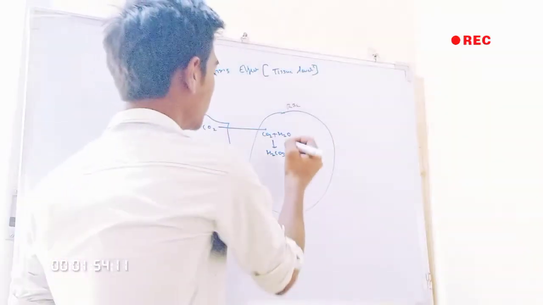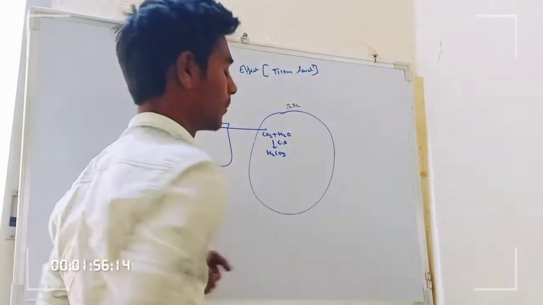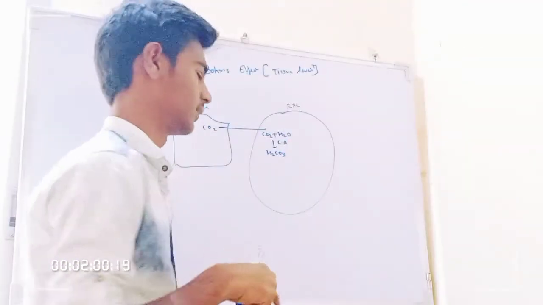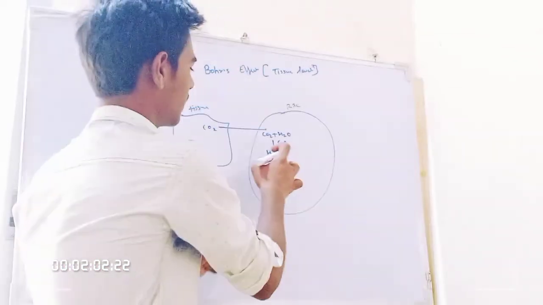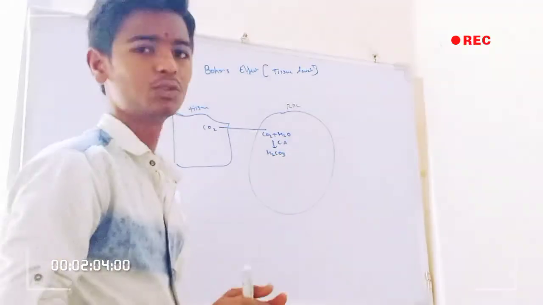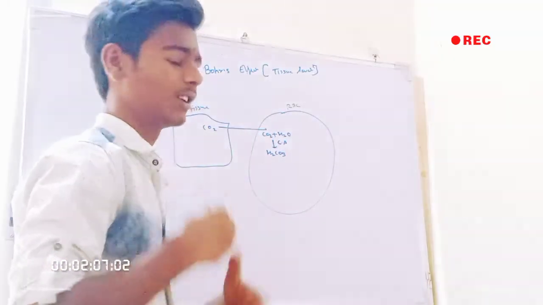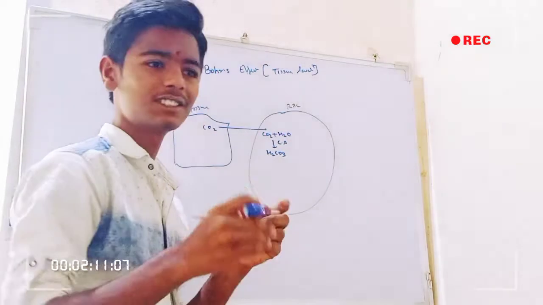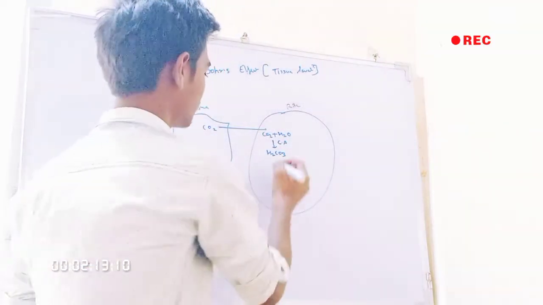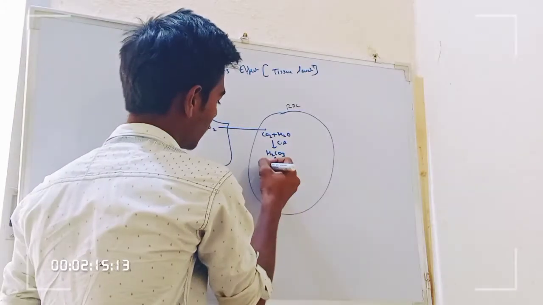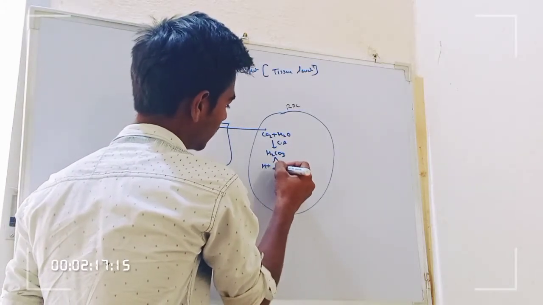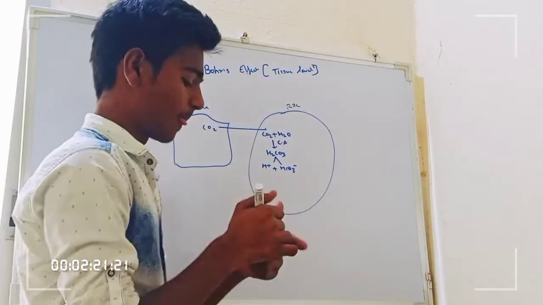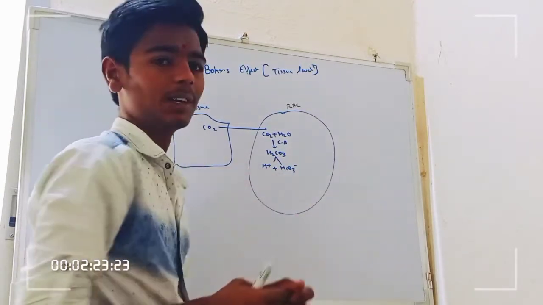Now, remember friends, there is carbonic anhydrase, the enzyme which regulates this process. After forming, this H2CO3 is a very unstable compound. As soon as it forms, it undergoes dissociation and forms H+ and HCO3-.